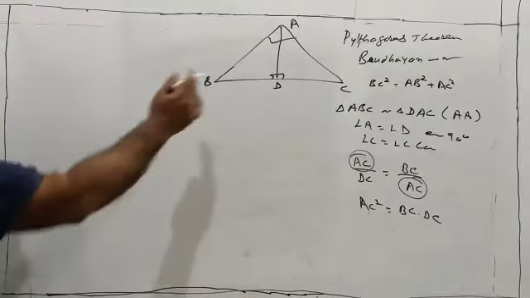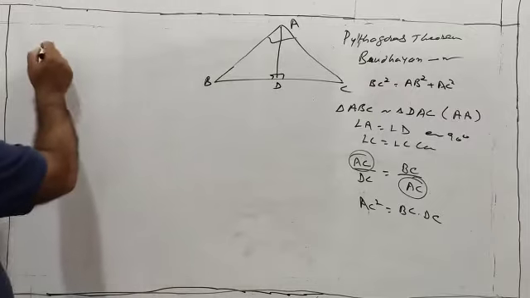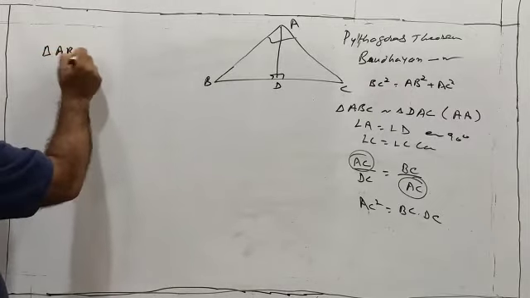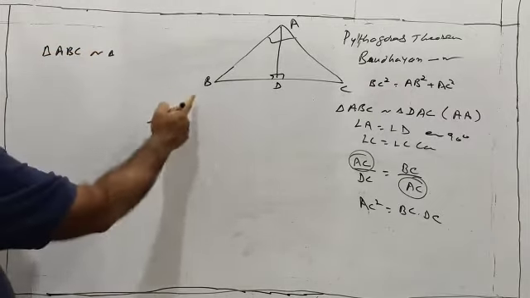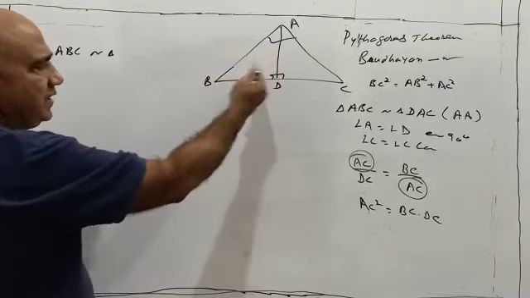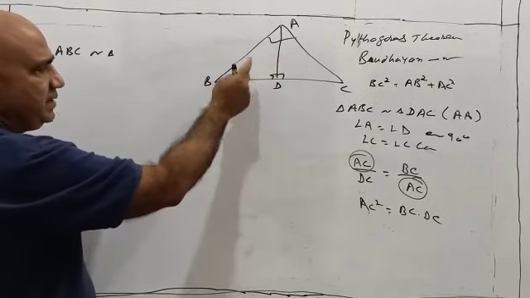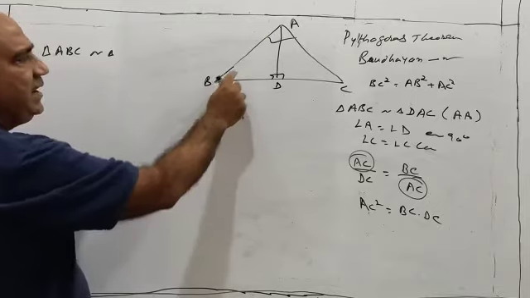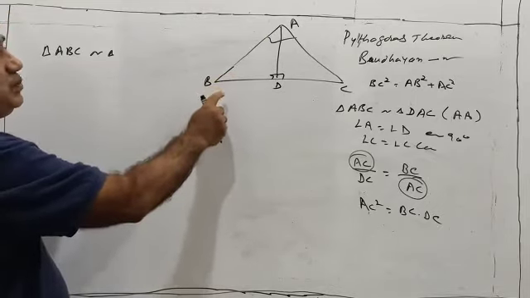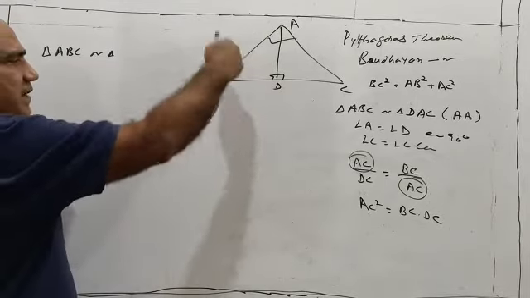Similarly, I will take this triangle, and triangle ABC again I will write is similar to triangle, this time, see that to the left side of perpendicular AD, this smaller triangle is there, and in this triangle angle B is common as it is in the larger triangle.